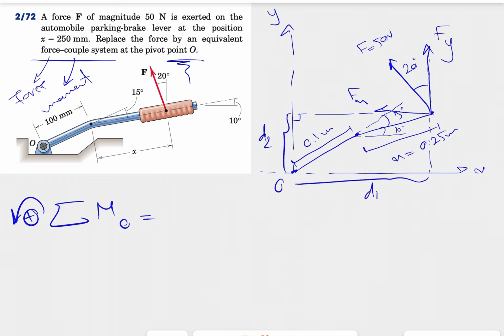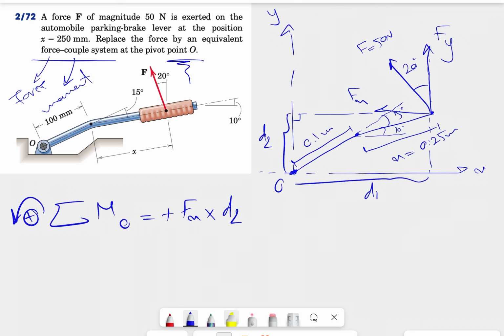And if we look at the moment of each, for Fx, we'll see that Fx is going to make a moment in this direction, which will be counterclockwise, so it will be positive. So we'll have positive Fx times d2.